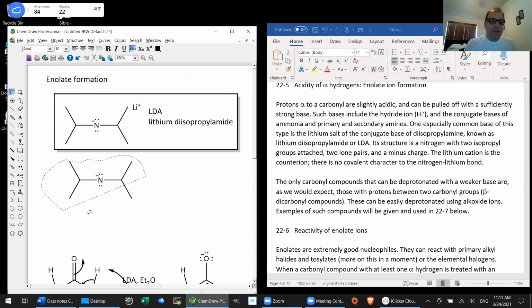One that is unfortunately used quite a bit. I say unfortunately because I hate this stuff. There was a project I was working on for Dr. Singleton, in which I was forced to use this stuff, and I did try some other bases, but ultimately this is the one you're supposed to use.